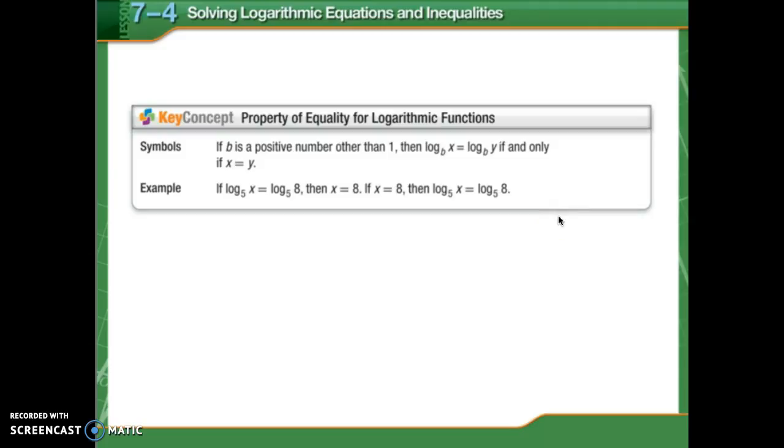Okay, we've got a key concept, the property of equality for logarithmic functions. Here I'm just going to read the example, not the symbols, because the symbols tend to be kind of confusing. It says if log base 5 of x equals log base 5 of 8, then obviously x has to be 8, since they have the same log and the same base.